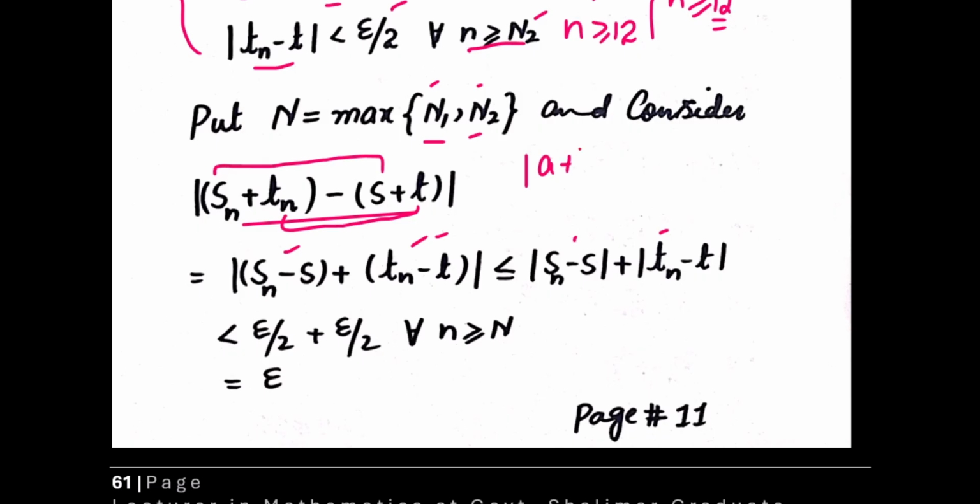In the form of absolute values, the absolute value of a plus b is always less than or equal to the absolute value of a plus the absolute value of b. According to this inequality, the first bracket represents a and the second bracket represents b. So now by using 1 and 2, the absolute value of sn minus s is less than epsilon by 2 and the absolute value of tn minus t is also less than epsilon by 2 when n is greater than or equal to n. By adding these epsilon by 2, we have epsilon.